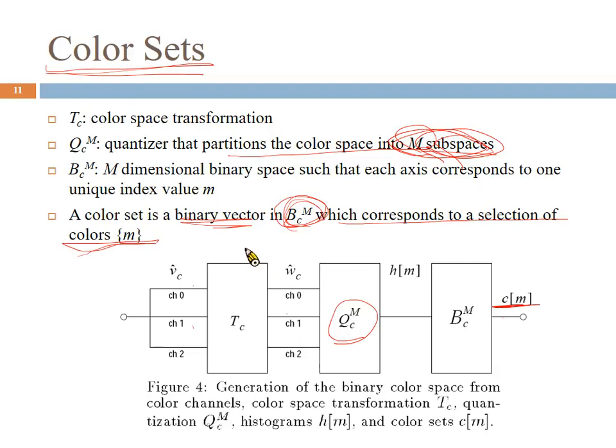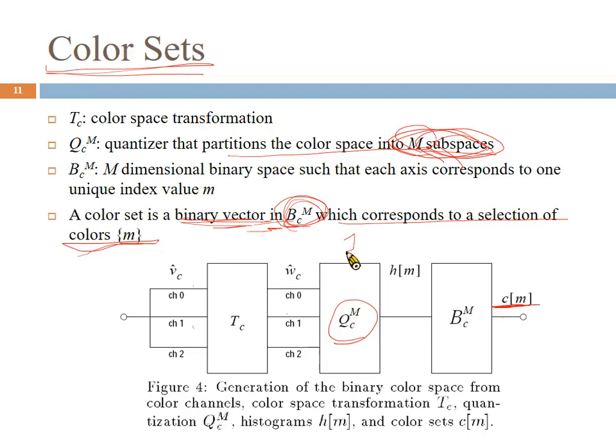In words, the binary vector shows which subspace has a pixel.